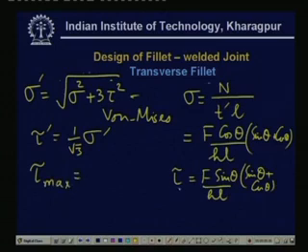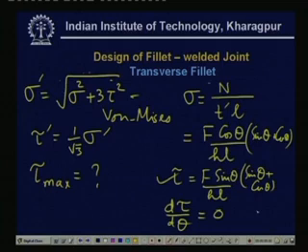From this relationship, if you know this tau here, then to get tau max, first we will have to differentiate d tau by d theta and set that to be 0, which gives the relationship for theta.